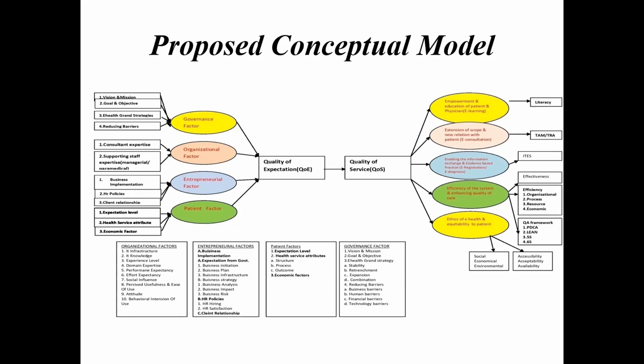Here the organizational factors include IT infrastructure, IT knowledge, experience level of the staff, domain expertise, performance expectancy, effort expectancy, social influence, perceived usefulness and ease of use, attitude, behavioral intention of use.